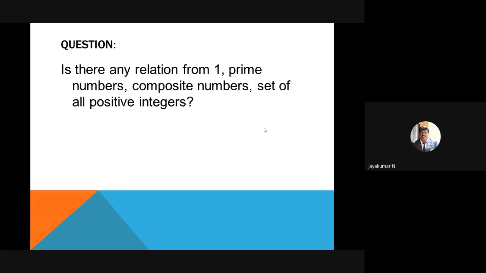Whenever I ask a question, you have to think about what I taught you before, and then you can definitely answer me. There are four topics: the number 1, the prime numbers, the composite numbers, and the set of all positive integers. Is there any relation among these four? Please reply, anyone.